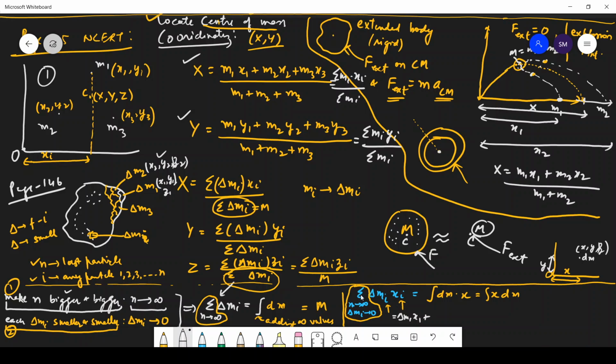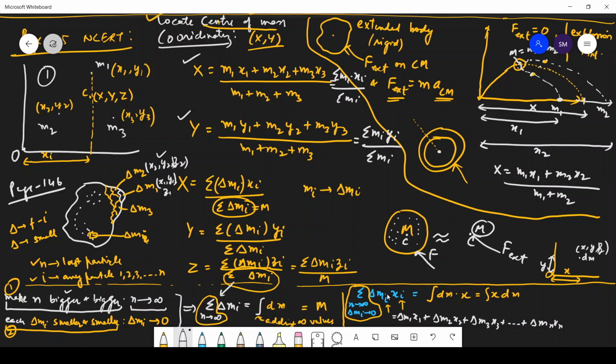So this is the meaning of summation. Put i equal to 1 and then add, put i equal to 2 and then add, put i equal to 3 and then add. That was the purpose of adding it, and keep on adding till delta mn and xn.